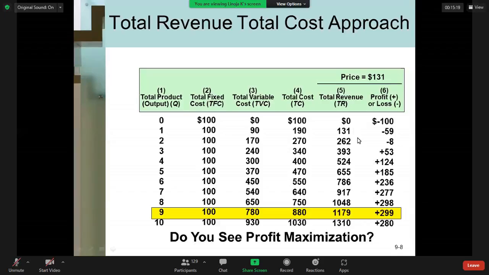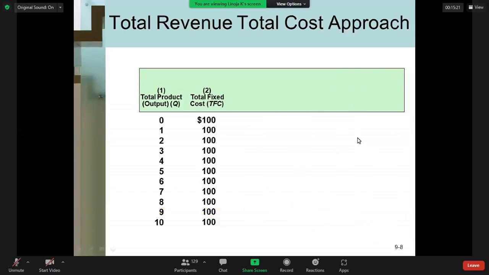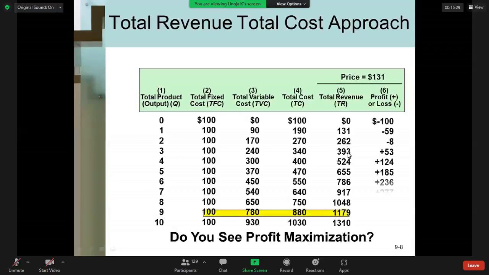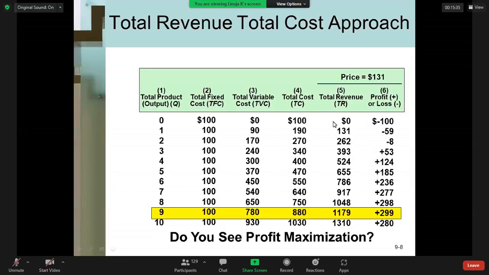So your condition is total revenue minus total cost, where that is greatest. Here you can see total revenue minus total cost: 131 minus 190 is minus 59. Likewise, you have to go.